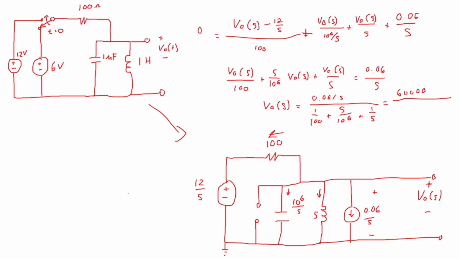Well, actually, we'll start here. So 10 to the 6th S is going to give us S squared. Then the 1 over 100 is going to give us 10 to the 4th S. And then the 1 over S is going to give us plus 10 to the 6th.